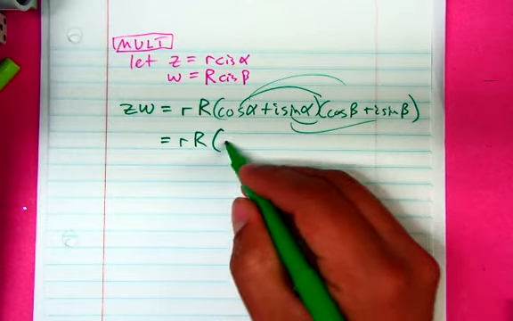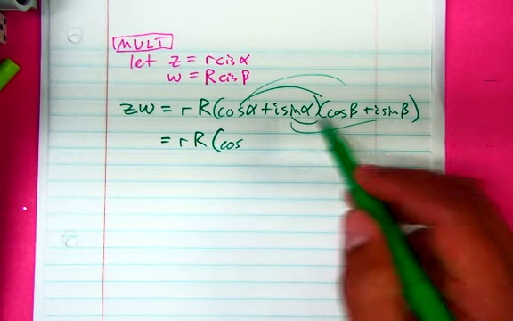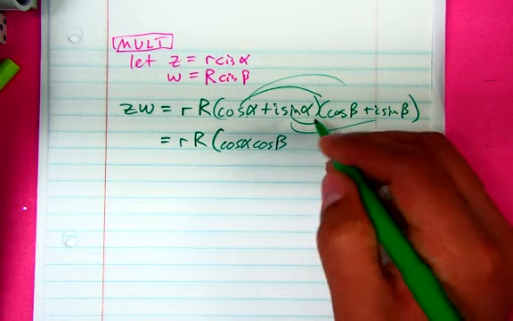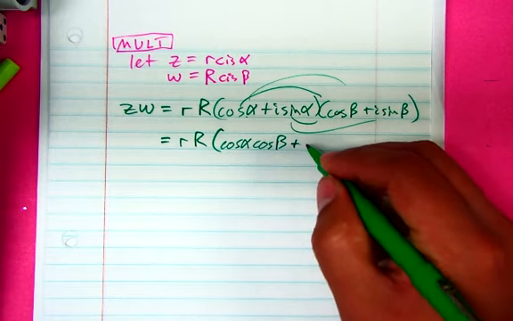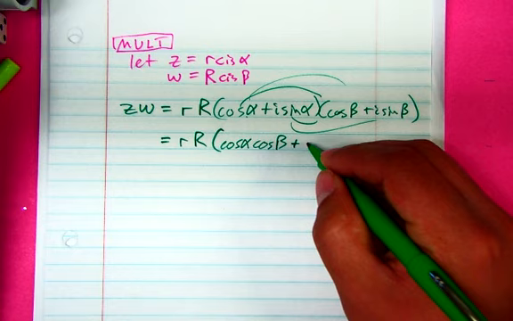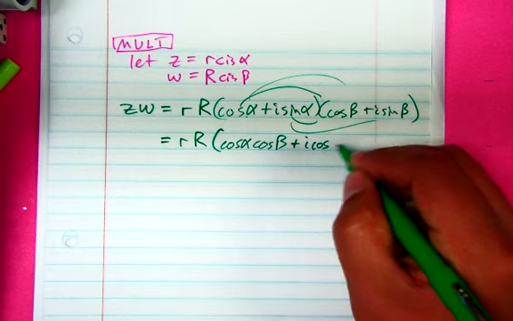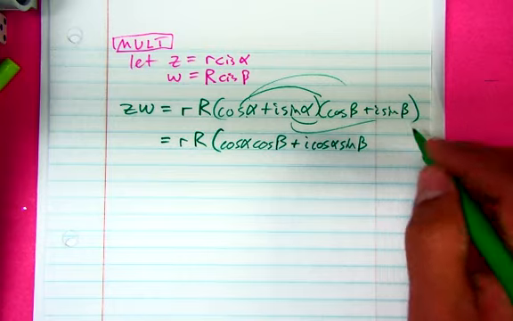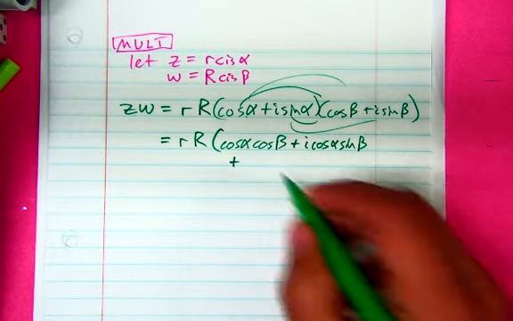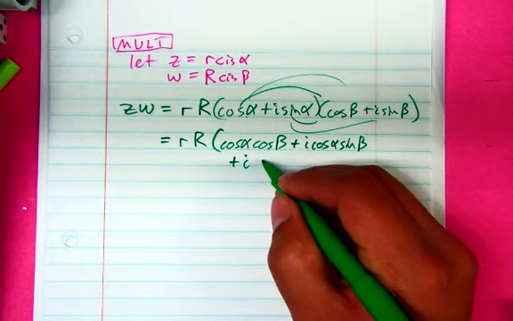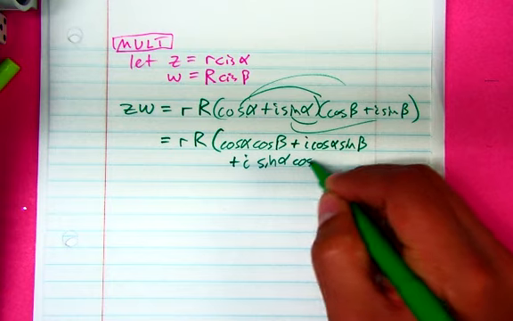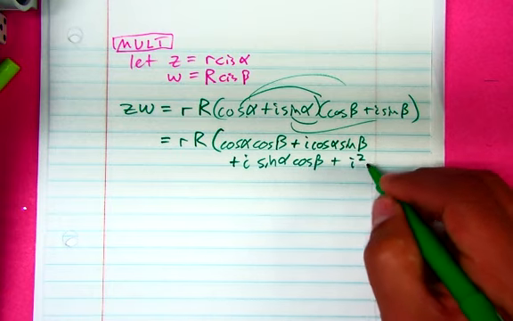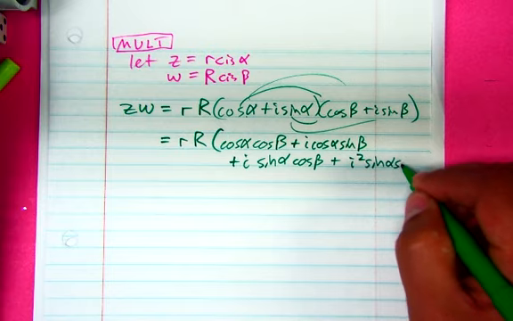Not cosine squared, because they're two different angles: cosine alpha cosine beta, plus i cosine alpha sine beta, plus i sine alpha cosine beta, plus i squared sine alpha sine beta, where i squared equals negative 1.